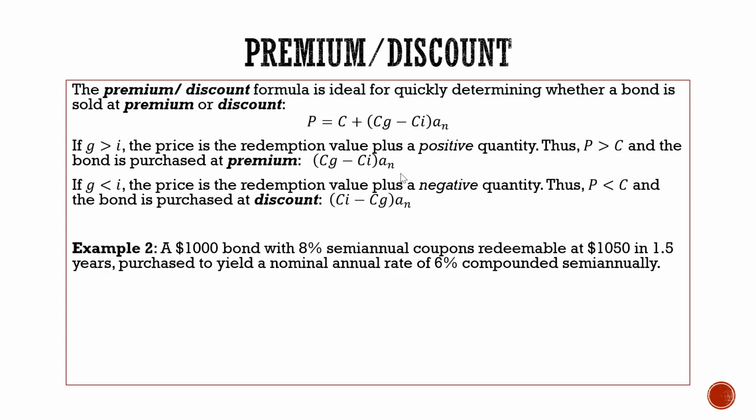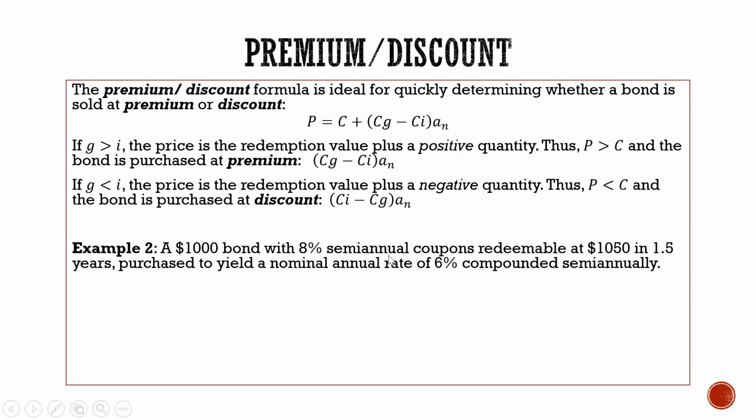Let's look at this example and try to figure out if this bond is sold at premium or discount. A $1,000 bond with 8% semi-annual coupons redeemable at $1,050 in 1.5 years, bought to yield a nominal annual rate of 6% compounded semi-annually.